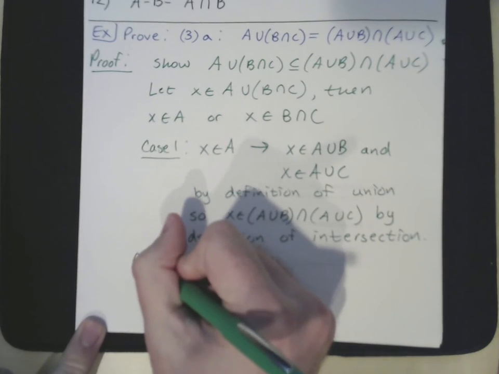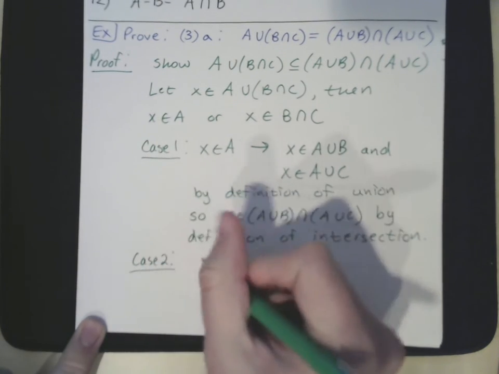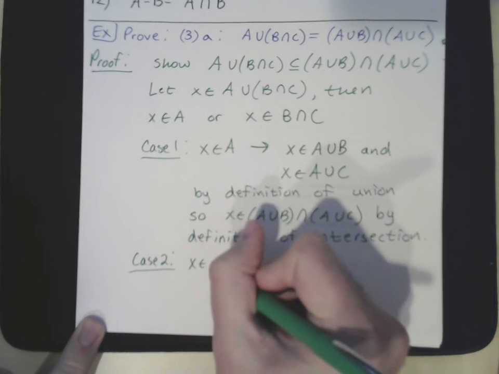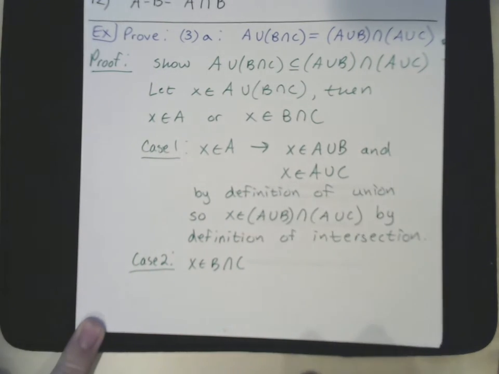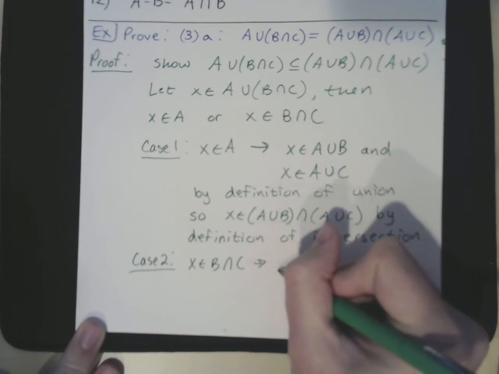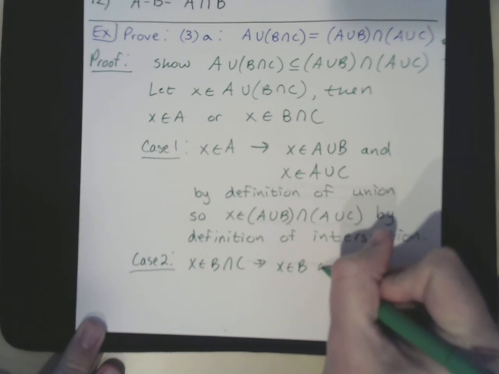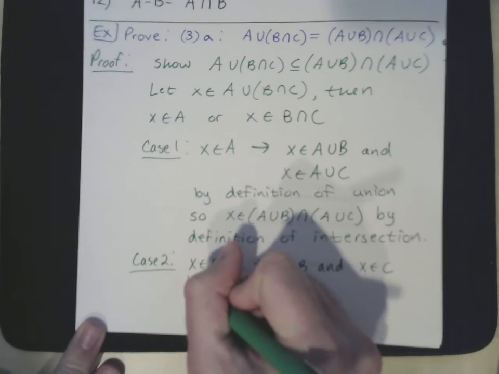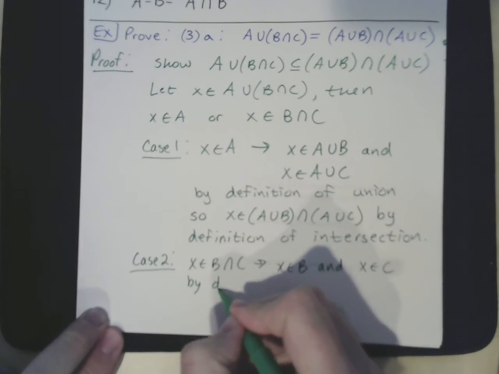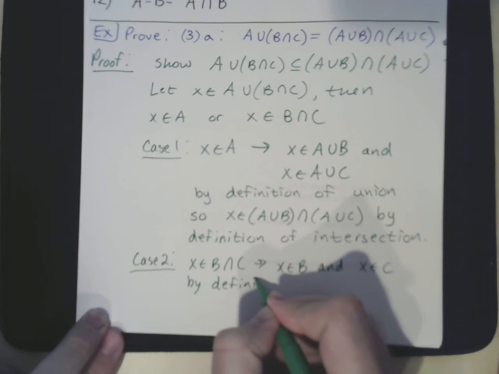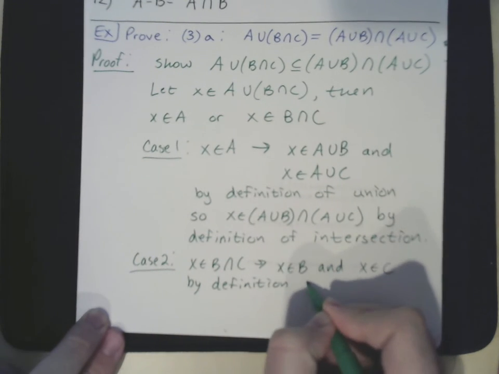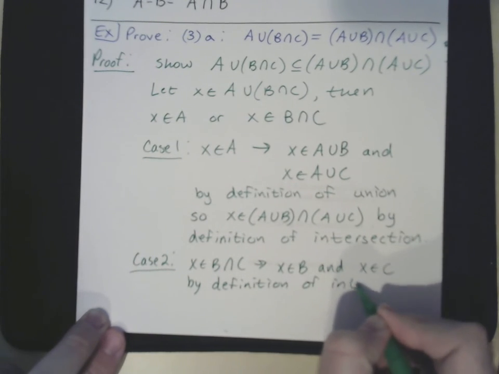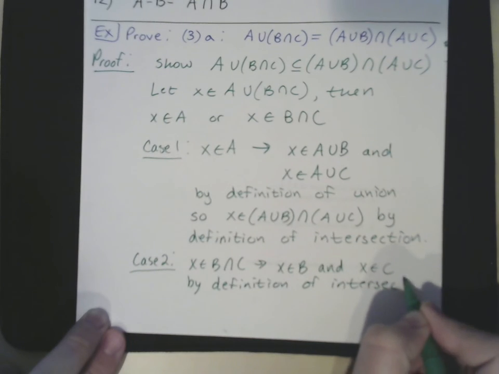Case 2, X is in B intersect C. If we're in the intersection, then that means that X is in B and X is in C. This is by definition of intersection.